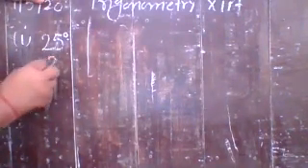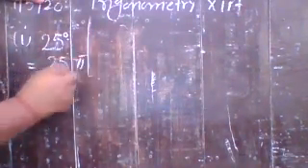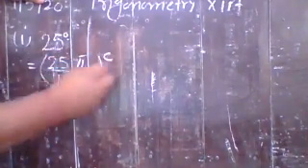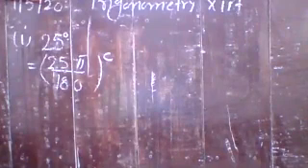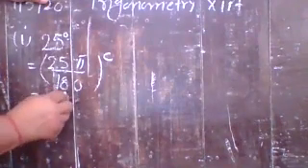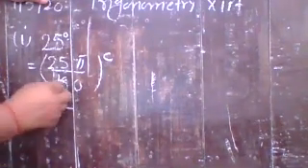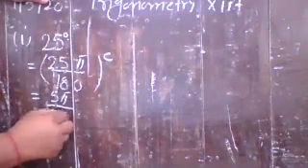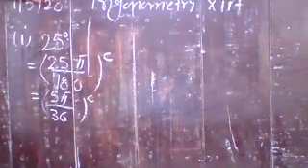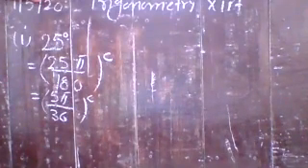So 25 pi upon 180, you can write it in radian. Cancel it, and what you have is 5 pi upon 36 radian. In this way you can simplify it.